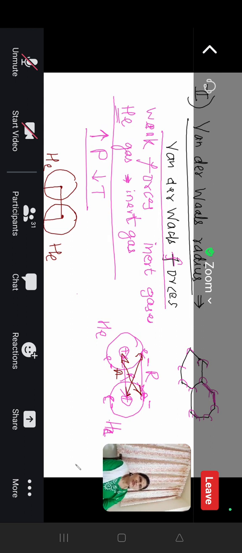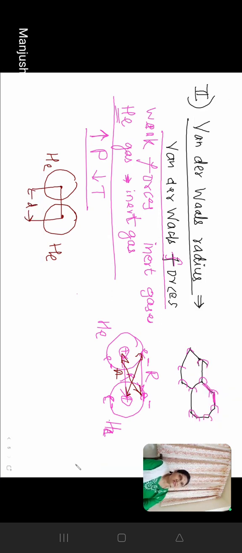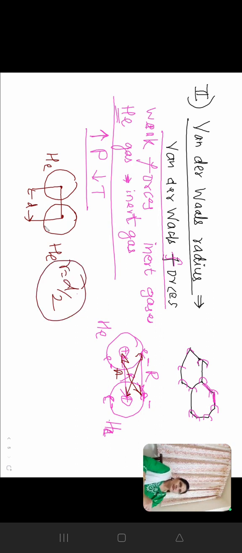When they come close to each other, at some point they will start repelling. So when they are at maximum closeness, we have to measure the internuclear distance, and R is equal to d by 2. Okay.